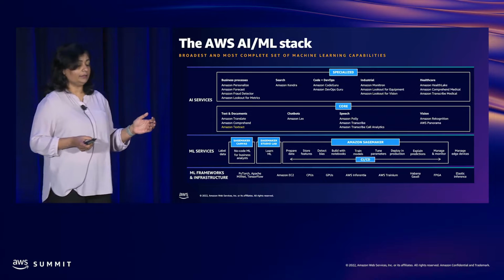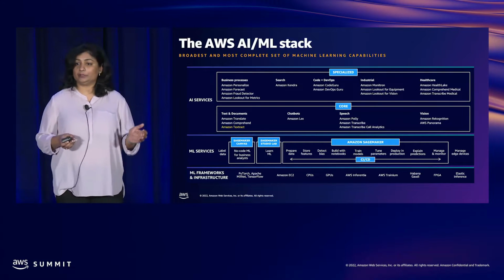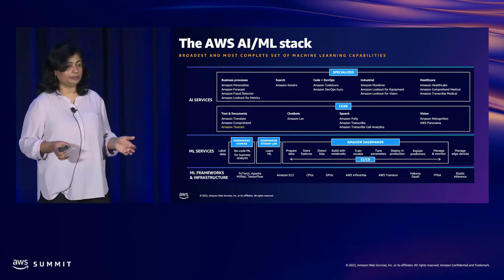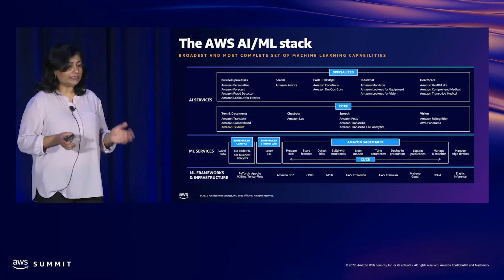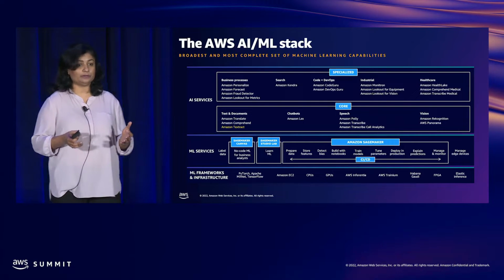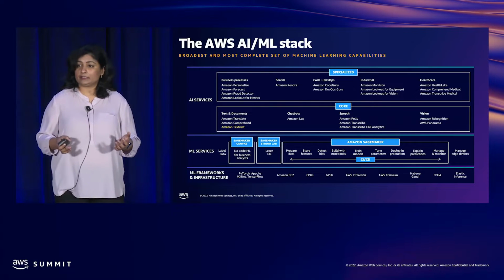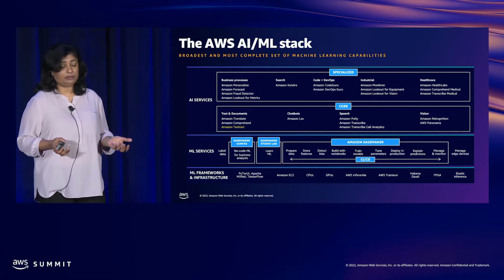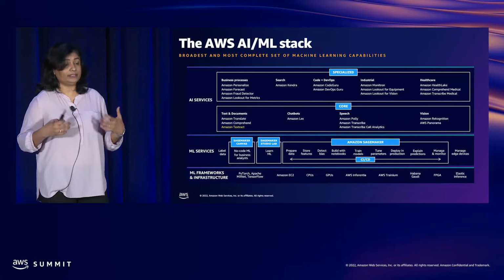And then the top layer that we have is the AI services. Now, AI services is targeted to developers who have no ML experience, and they don't need to because they are focused on application development. And what AI services does is it's a managed service. And when you say managed service, we have built all the pre-built models which are tuned to solve the customer problems that you have, whether it is personalizing a customer experience or forecasting a business metric, or if you want to translate a customer conversation, or maybe even extracting information from data and creating synthesis out of it.